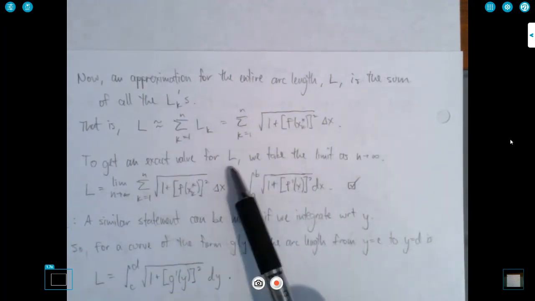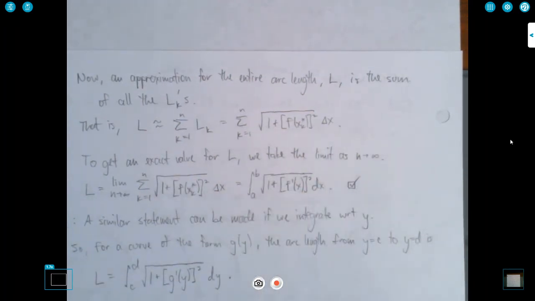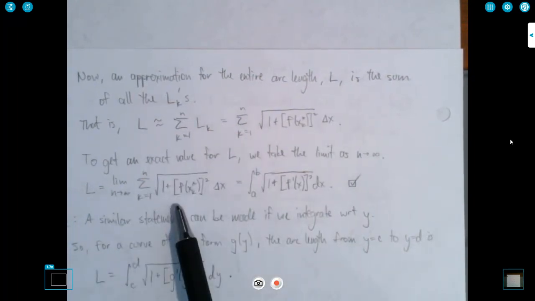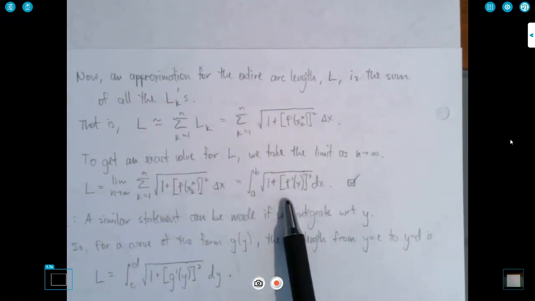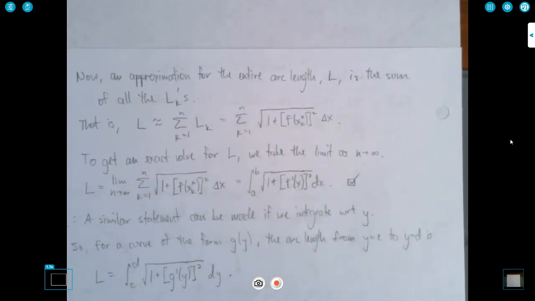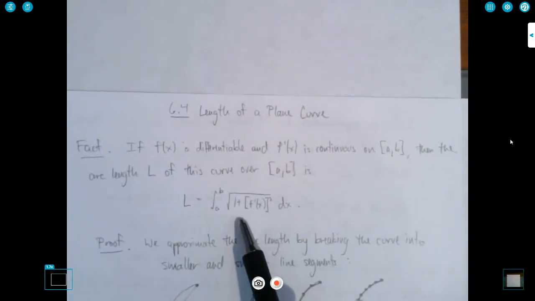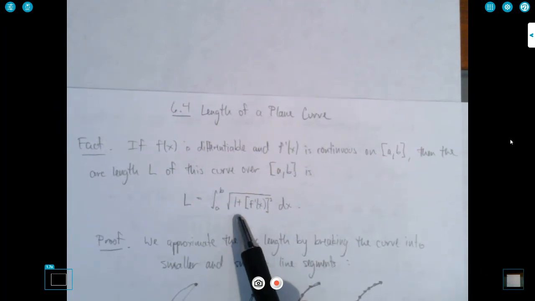So to get the exact value for L, we take the limit as n goes to infinity of this thing, and that's just going to turn into the integral, of course. And there you go, we've proven it. So we've proven that this formula will work for calculating the arc length of a curve.